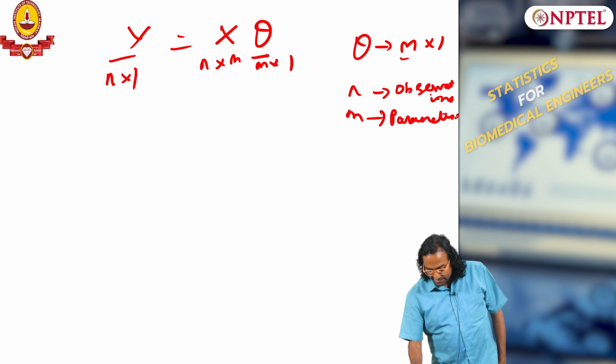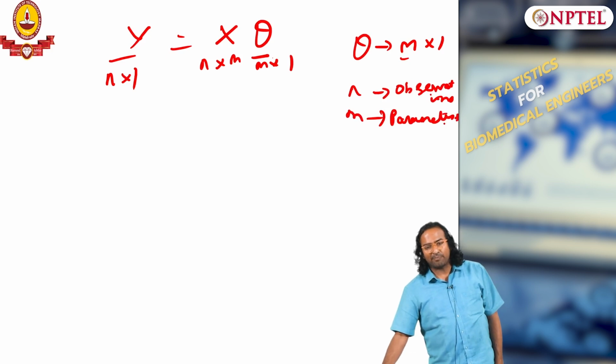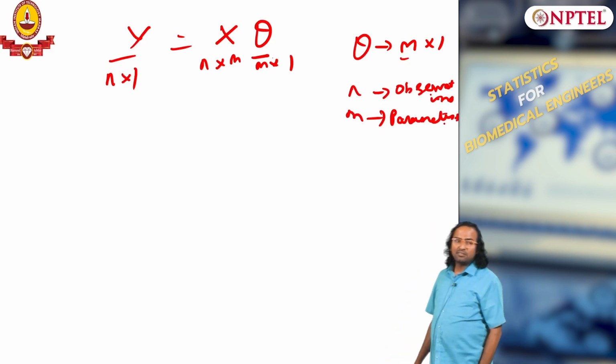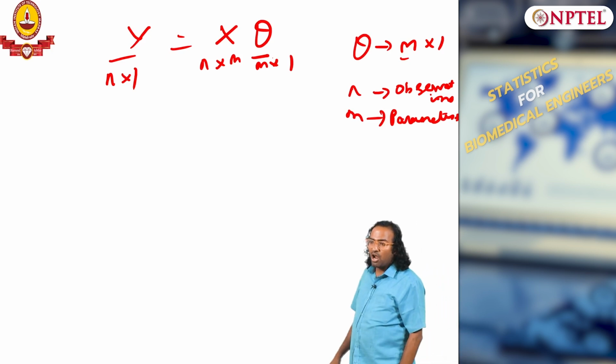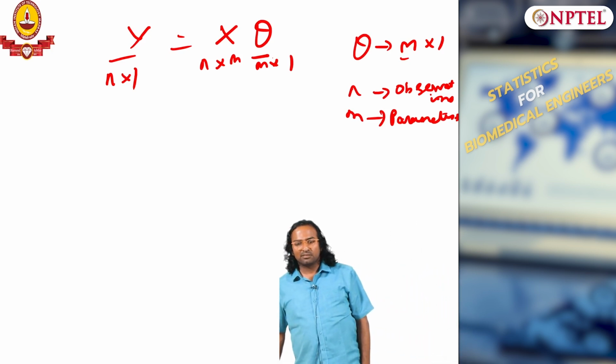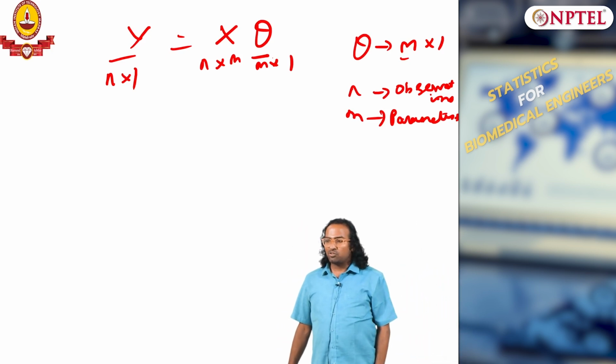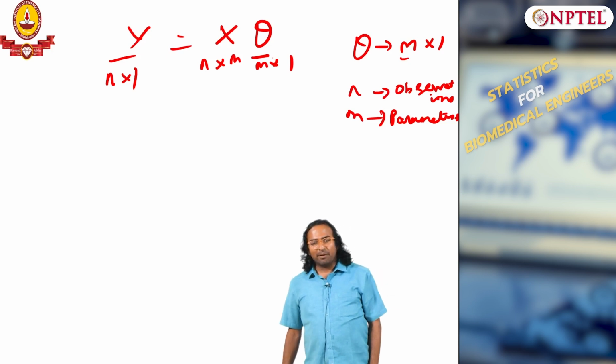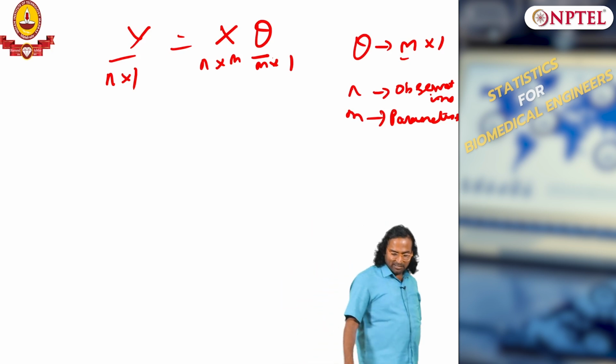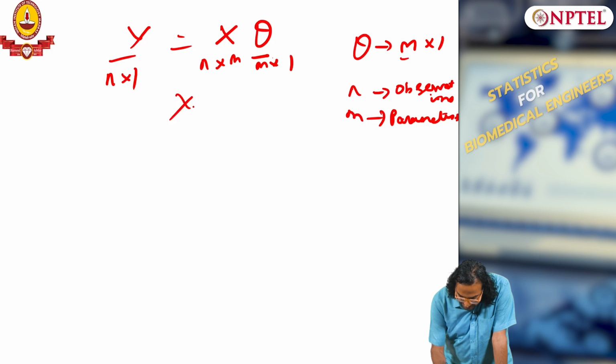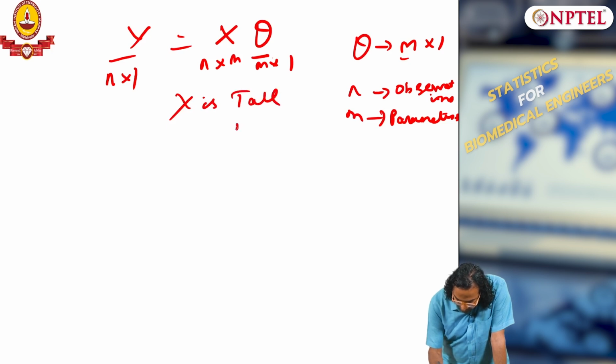Is x going to be a tall matrix or a fat matrix? It is going to be a tall matrix, meaning n is much greater than m. So x is a tall matrix and n is much greater than m.